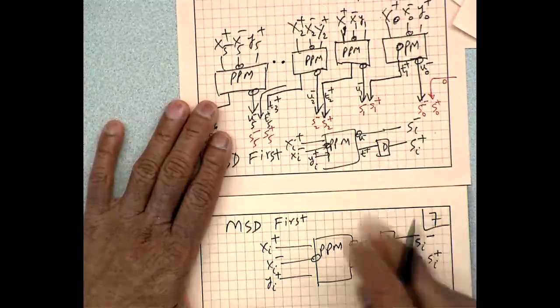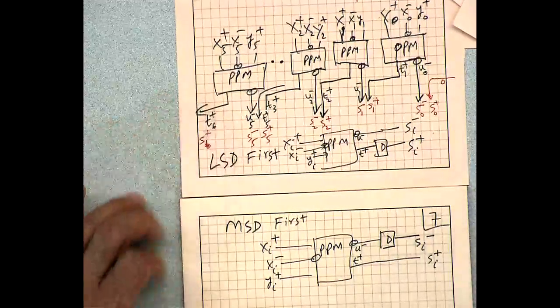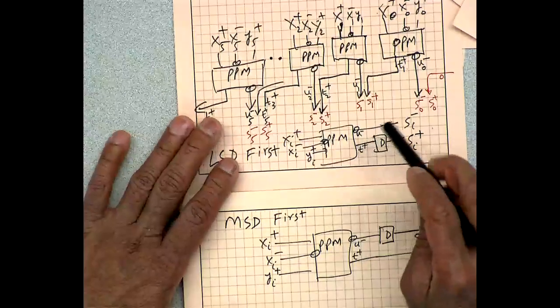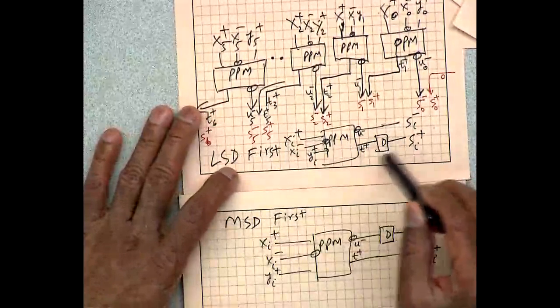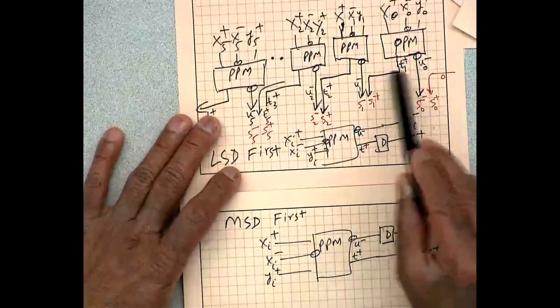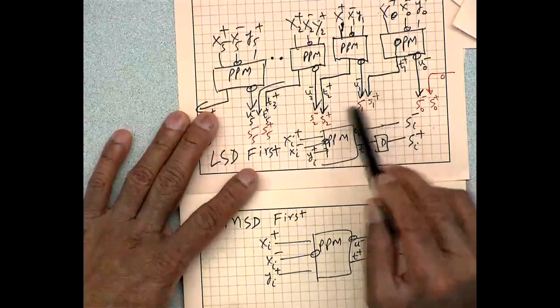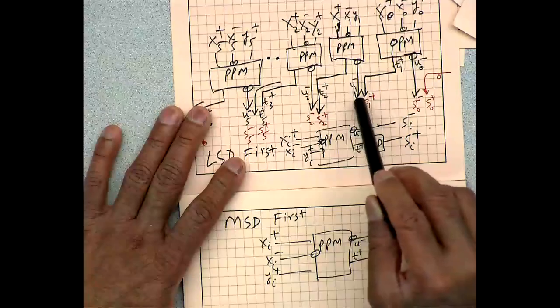Okay, so there is a little more to these delays with respect to resetting them and so on, which I'm not talking about. But at least this shows that if I want to implement LSD first, the transfer digit is delayed, so it is held and becomes part of the next sum digit.